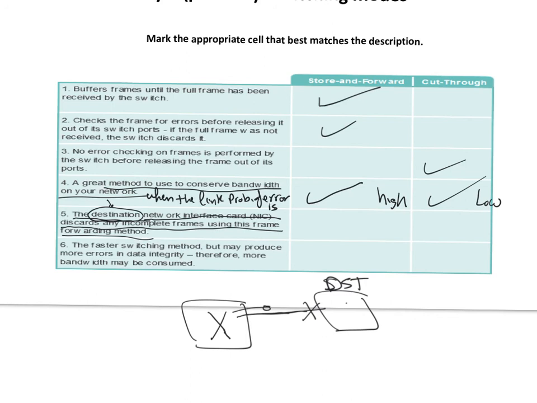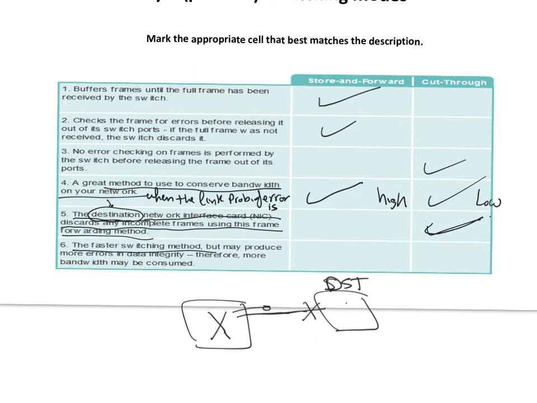So in fact, this is cut through, because cut through is the only mode of operation that will forward the frame even though the frame has errors. So if the destination network interface card discards the frame, this means the frame is incomplete or has some errors and it reached the destination. The only possibility for this is the cut through mode of operation, because for store and forward, the frame will not be forwarded if it's incomplete or has errors.